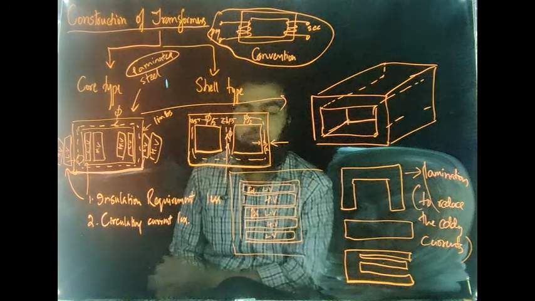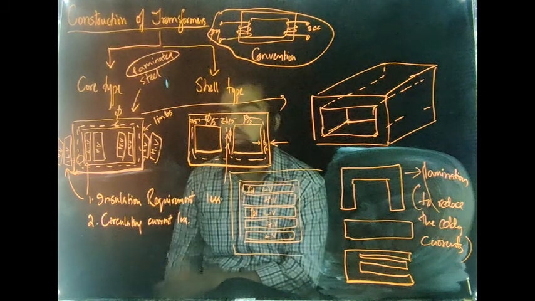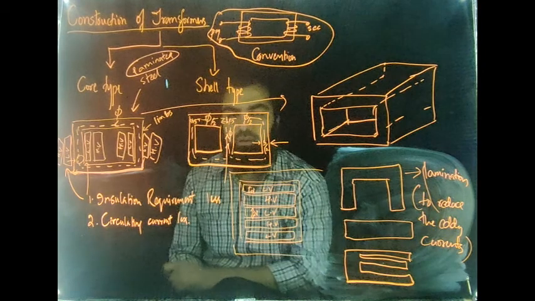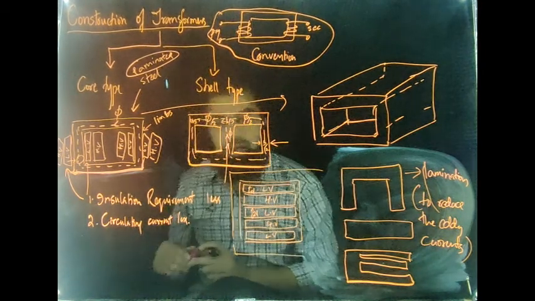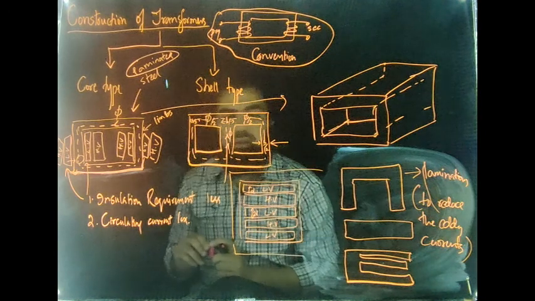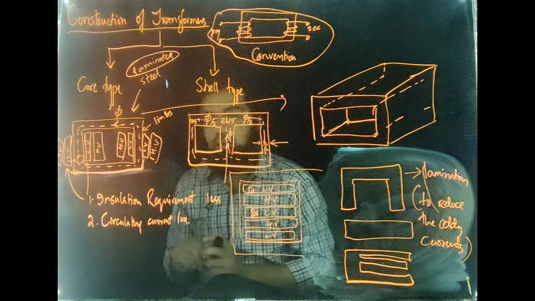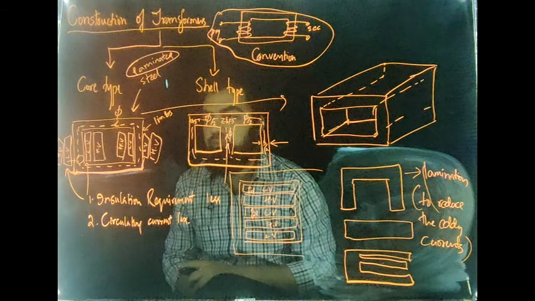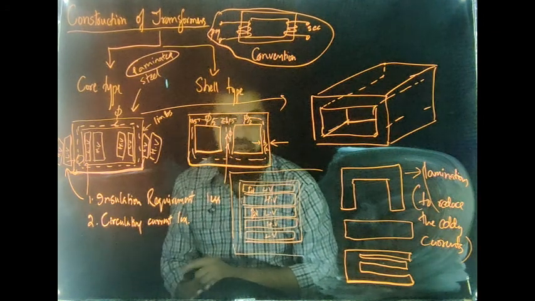You have a core type transformer and you have a shell type transformer. The core type transformer is a simple rectangular structure, while the shell type transformer has side limbs and a central limb. The central limb has more width as compared to its sides, and the windings are placed in a specific manner as shown here, both in the core type and the shell type transformer.